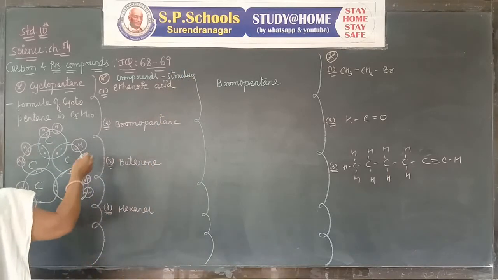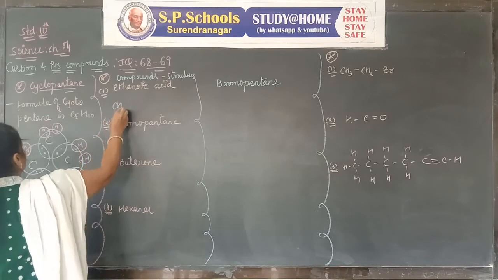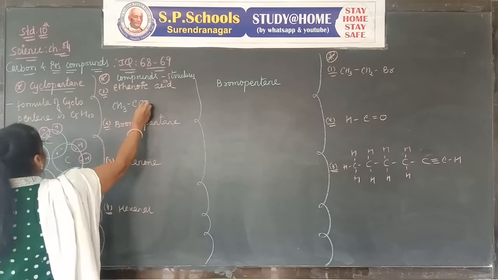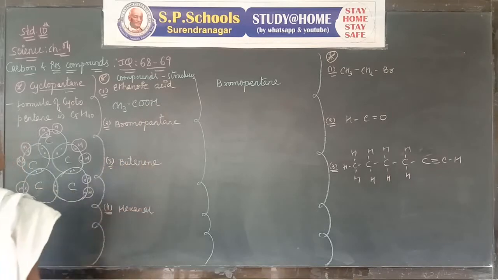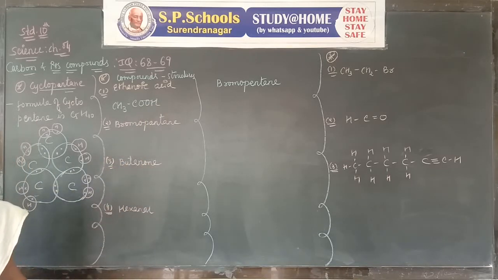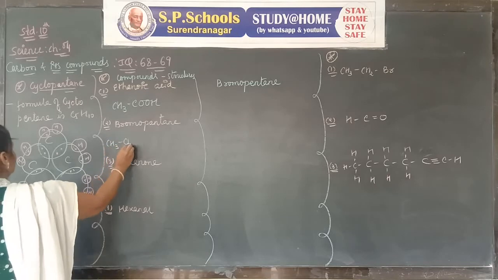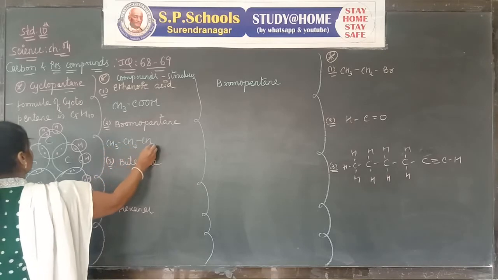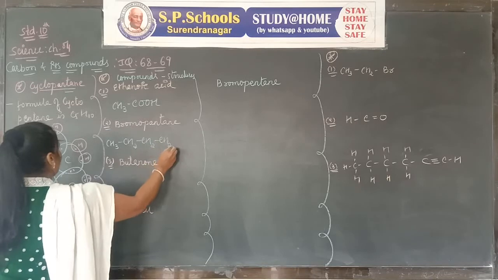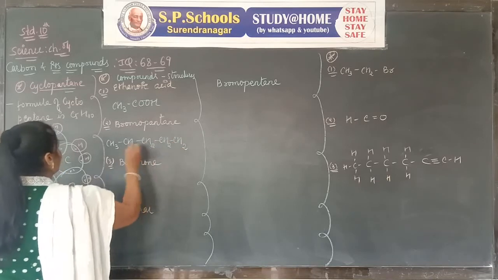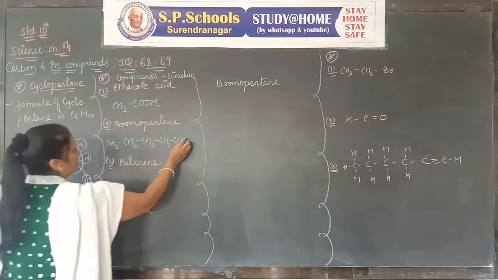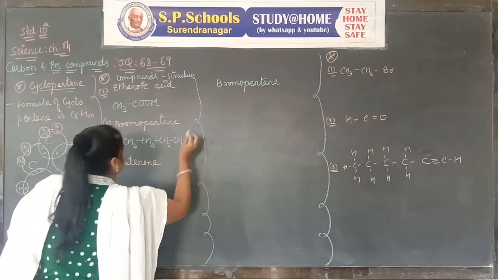Ethanoic acid means CH3COOH. Bromopentane, 5 carbons: CH3 CH2 CH2 CH2 CH2, 1, 2, 3, 4, 5, and last we add Br.